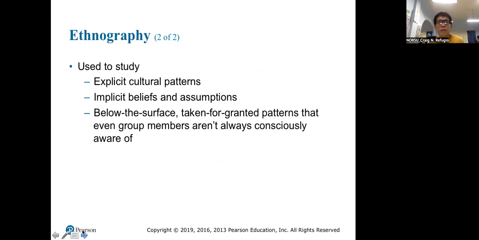The ethnographic research design is used to study explicit cultural patterns and implicit beliefs and assumptions. In the example, we have pregnancy beliefs among Subanen women. Below the surface are taken-for-granted patterns that even group members are not always consciously aware of.